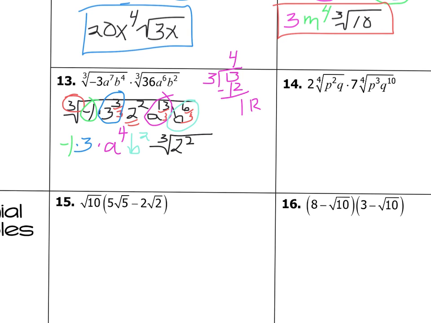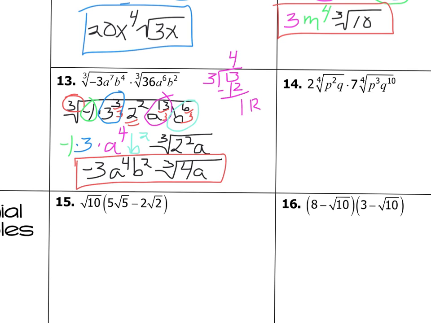Remember, we had a remainder with the a, and we only had 1 remaining. So to multiply it all together, we get negative 3 a to the fourth b squared cube root of 2 squared is 4a. And this is your final answer. Okay?